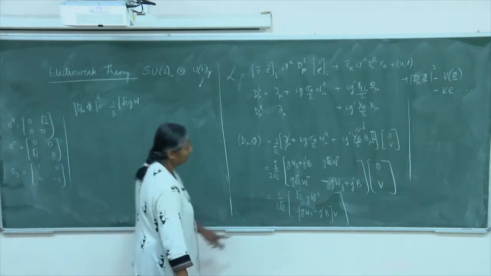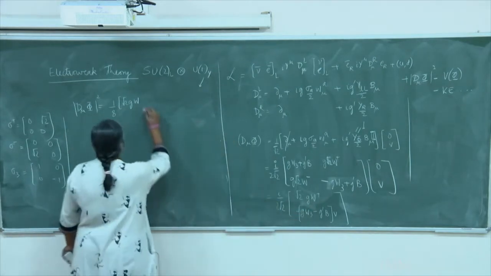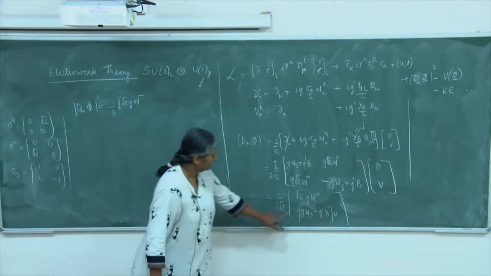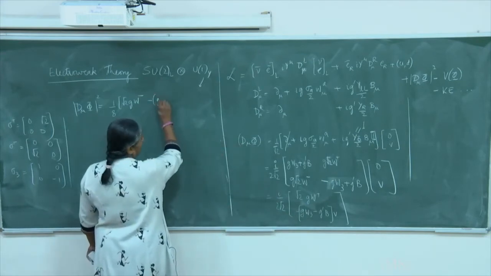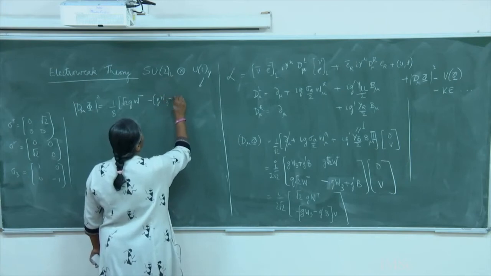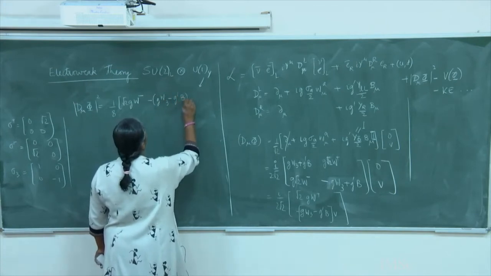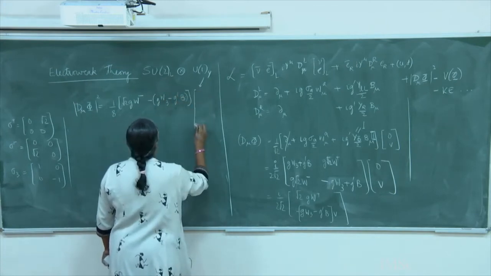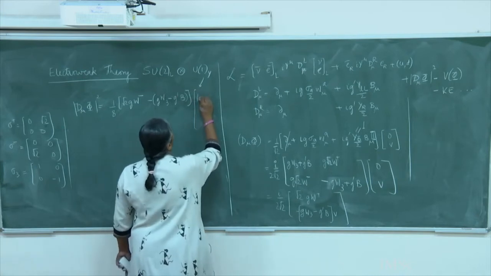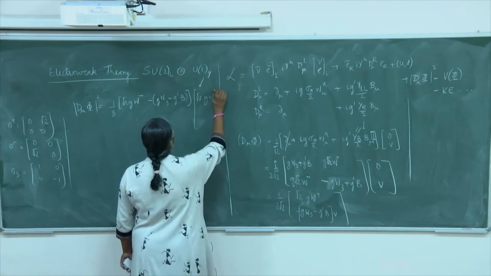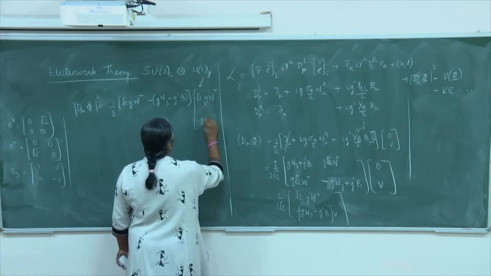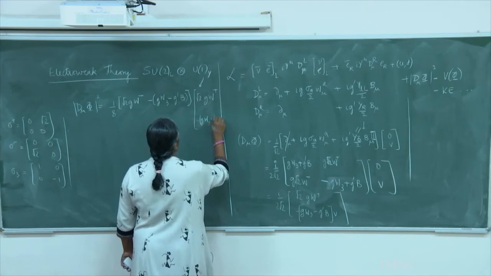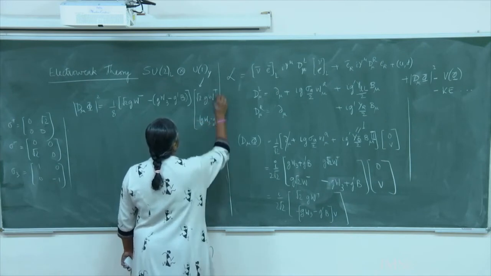So dagger of W plus is W minus, then the minus G W3 minus G prime B into root 2 G W plus into the vector, right, minus G W3 minus G prime B.